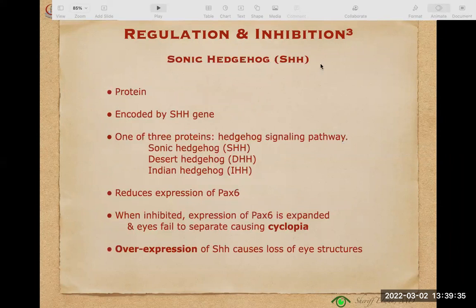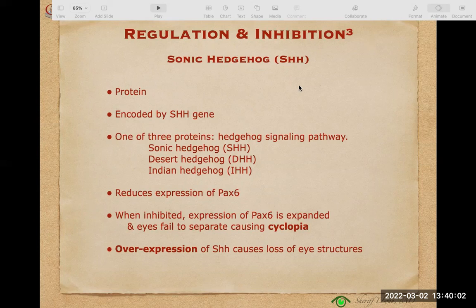Now, the sonic hedgehog. The sonic hedgehog, or SHH, is again a protein encoded by the sonic hedgehog gene. It's one of three proteins called the hedgehog signaling pathway. You know the hedgehog? It's the small animal with multiple spikes on its body. In Arabic, it's called qunfudh.